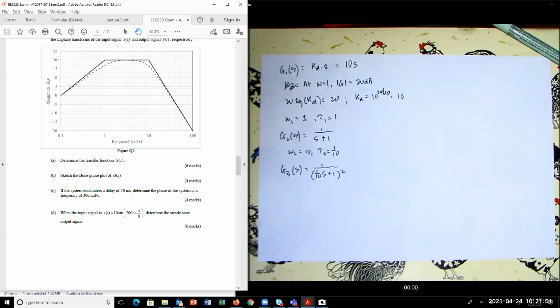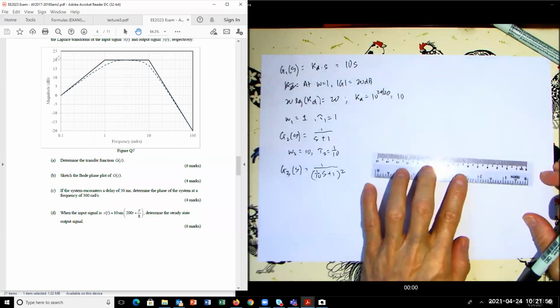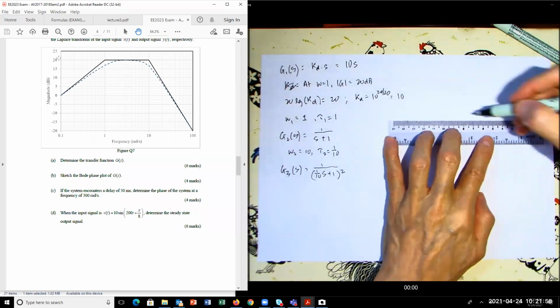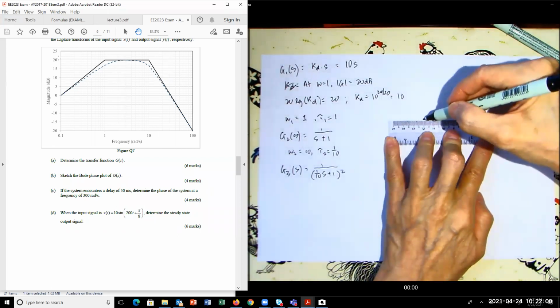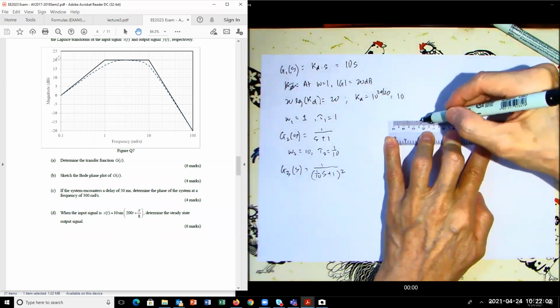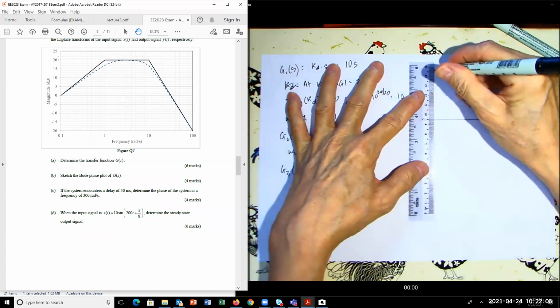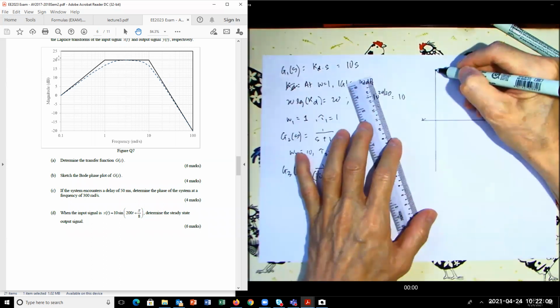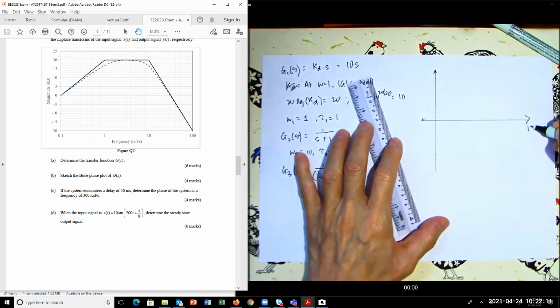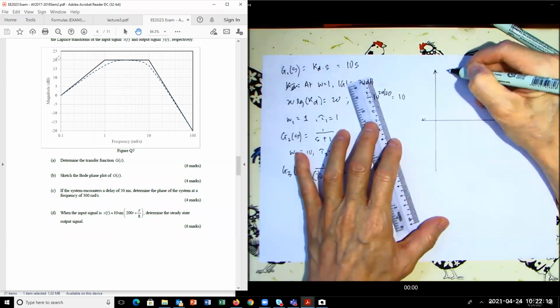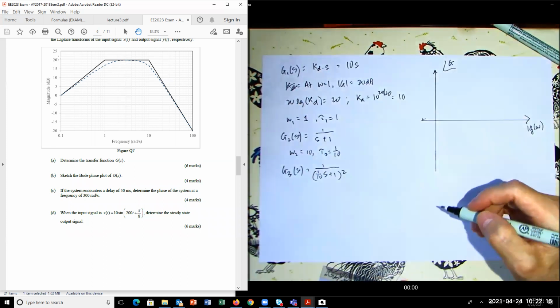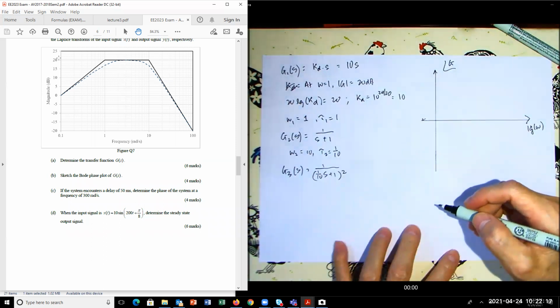Okay, all right. So now when you plot the phase plot, this is going to be log omega, and this is angle G. Most of them will be negative.